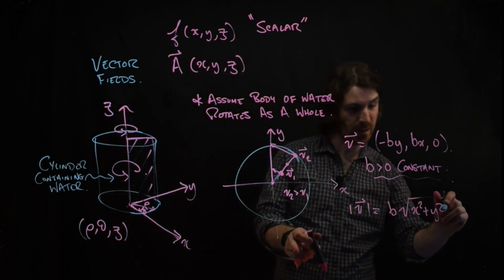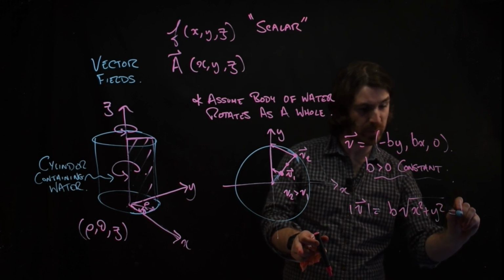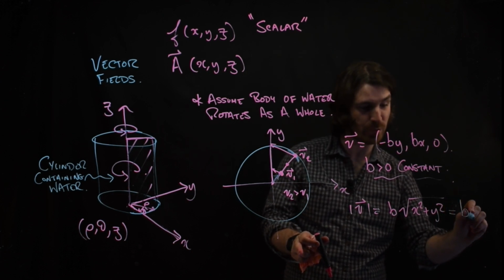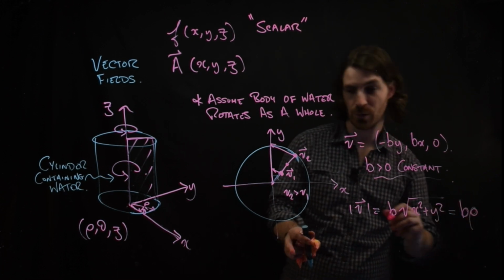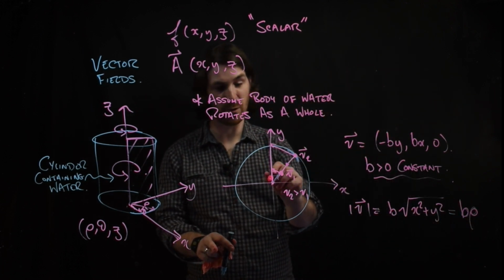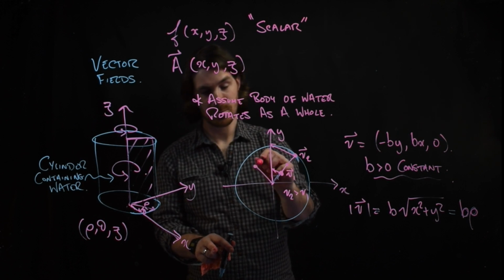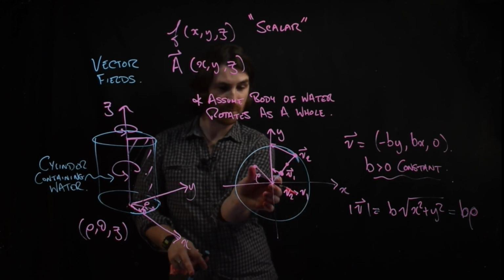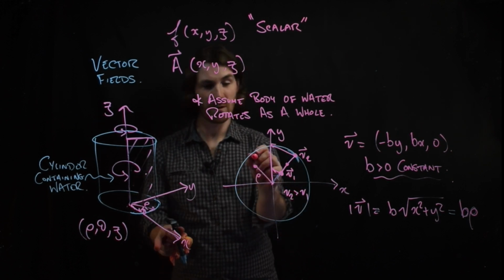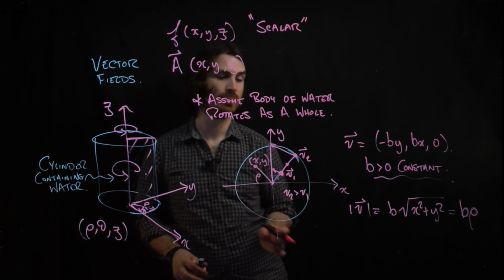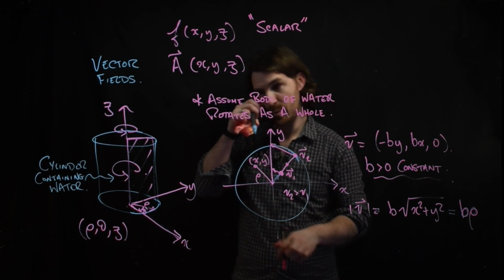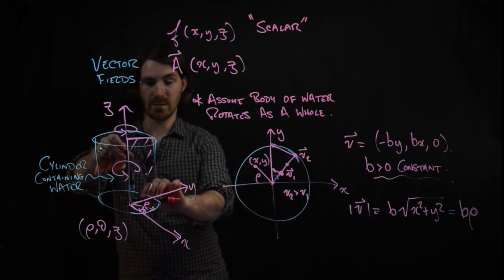So this will be b times, let's call it rho. Let's call the radial distance rho. So the radial distance of any point is rho, this length. So point x, y has length rho, perpendicular to the z-axis.